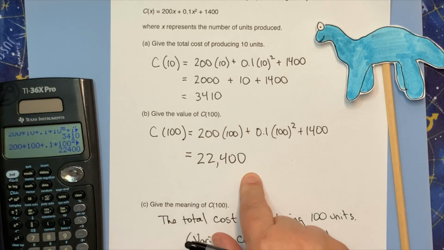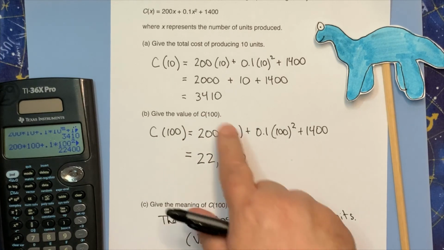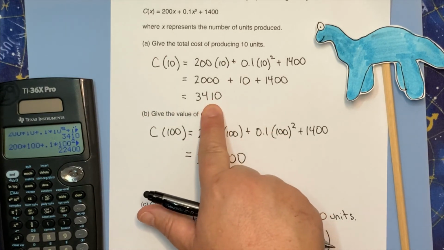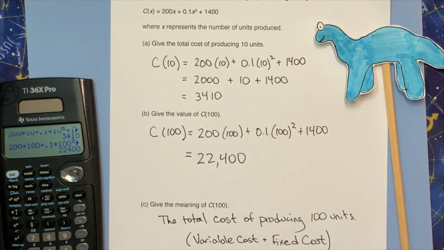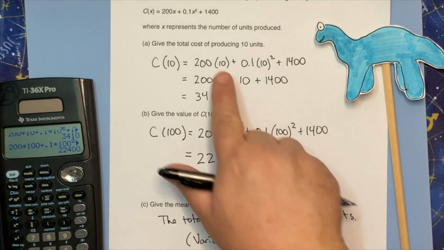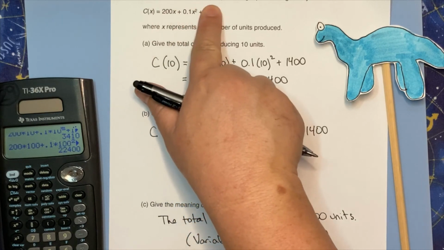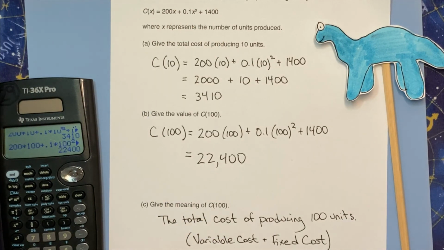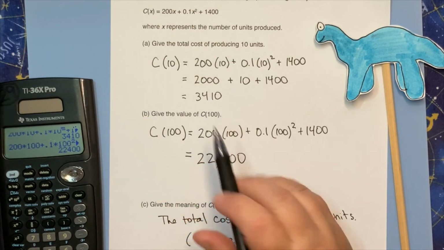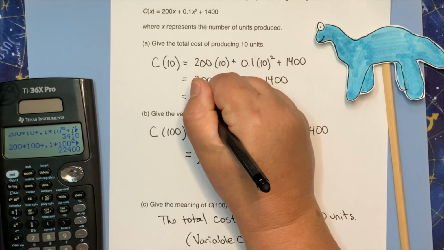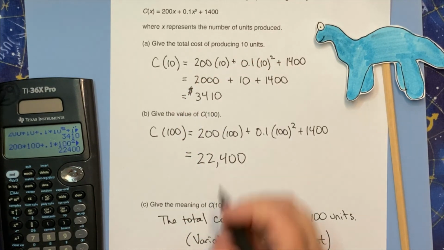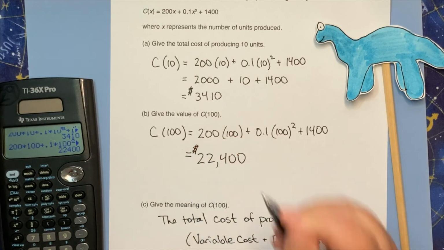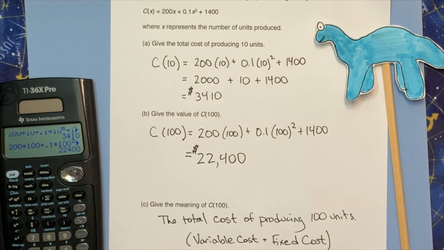I answered this with a number, and I answered this with a number, but we're actually given units for these. We know what the units are, the total cost in dollars. So really, yes, it's correct, 3,410, but I should include a dollar sign, and same thing here, the total cost. Sorry about that. I left those units off.